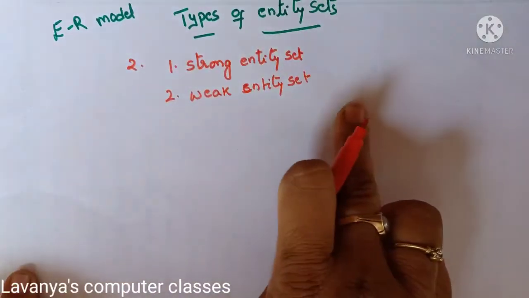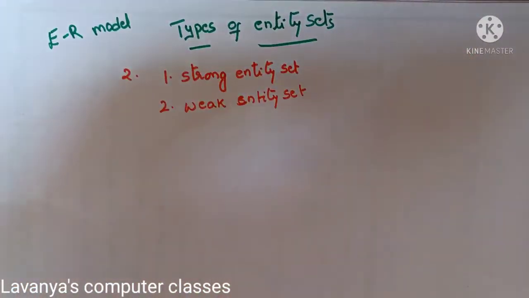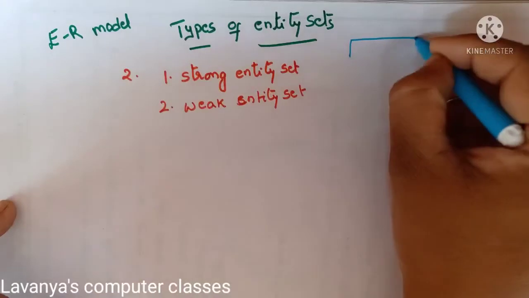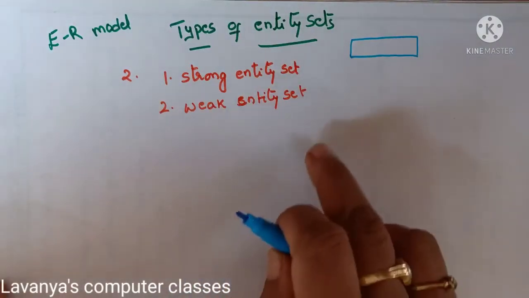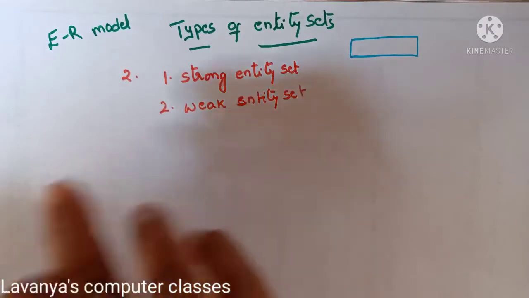What is an entity set? A collection of all entities is known as an entity set. Which symbol is used for representing an entity set? A rectangle box is used for representing an entity set. So how many types of entity sets do we have? Two: the strong entity set and the weak entity set.